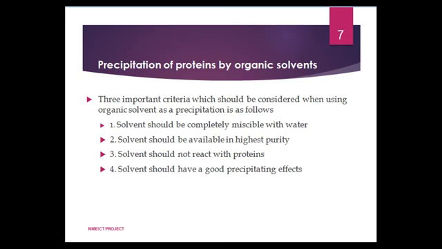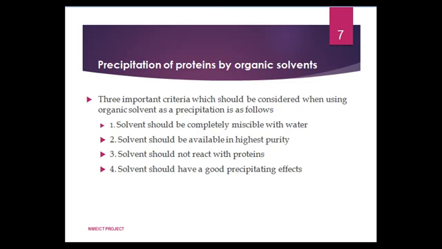Then the precipitates are collected by centrifugation at 10,000 rpm for 20 minutes at 4 degrees centigrade. Advantage of using solvent precipitation is that it can be easily removed by evaporation.